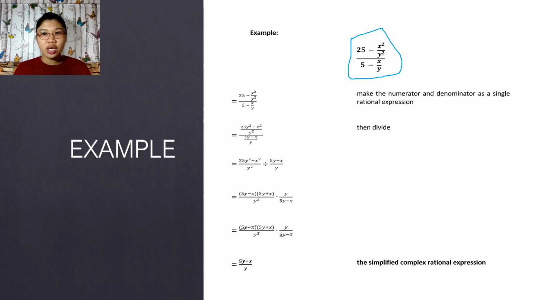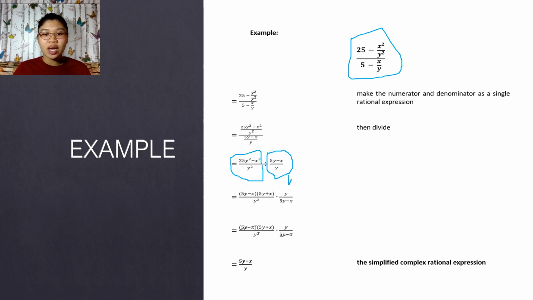So the numerator, 25y squared minus x squared over y squared, is divided by our denominator, which is 5y minus x over y. Since we are in the process of division, we get the reciprocal of this divisor.